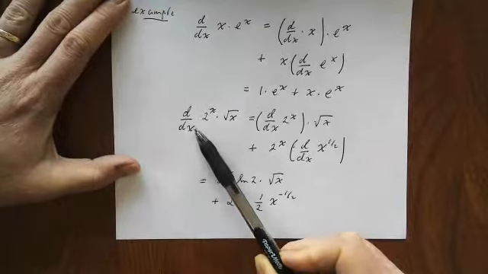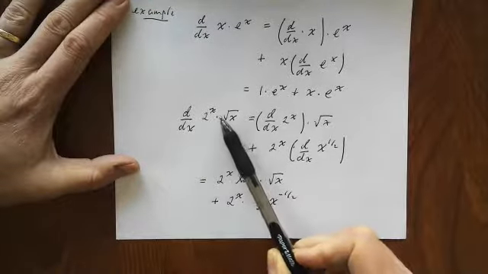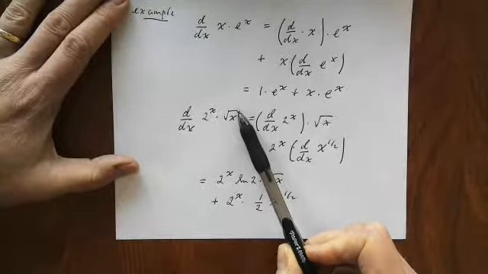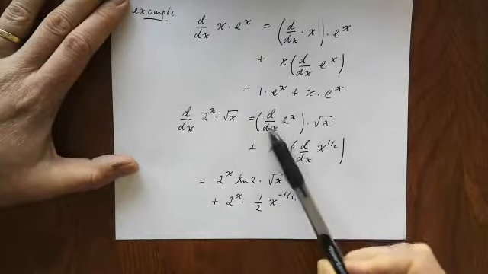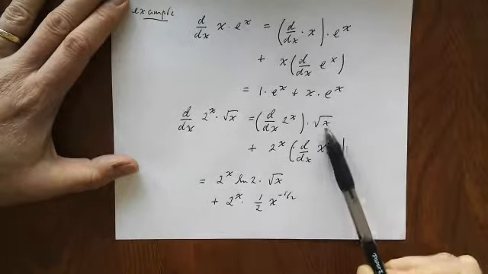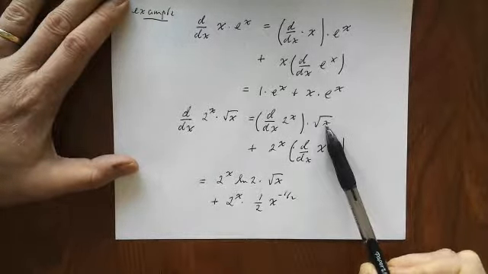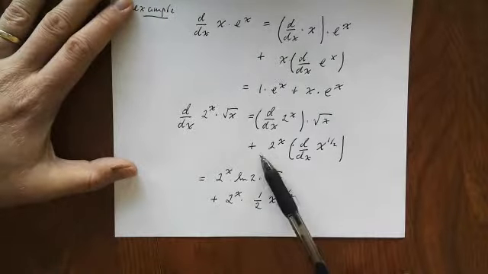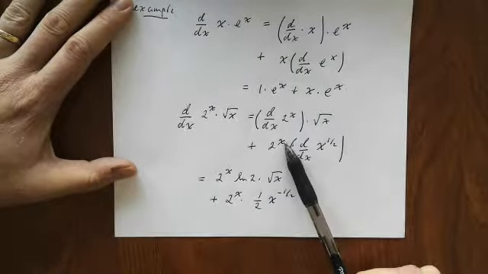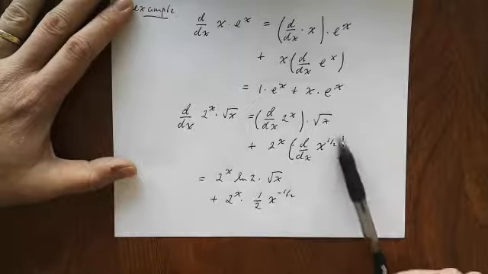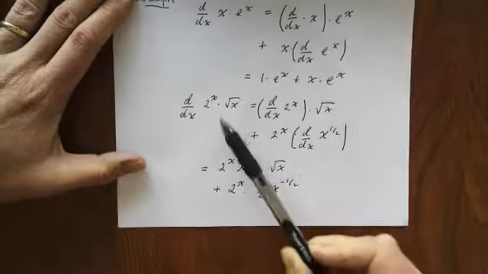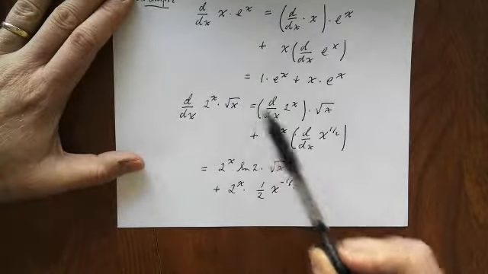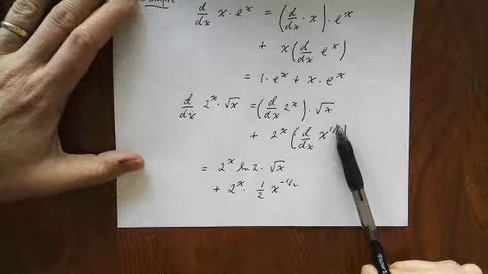Here's another example. The derivative of 2 to the x times the square root of x. We take the derivative of the first term times the second term, square root of x left alone, and then we add to that the first term, 2 to the x, times the derivative of x to the 1/2. What I've done here is convert the square root of x to a fractional exponent.